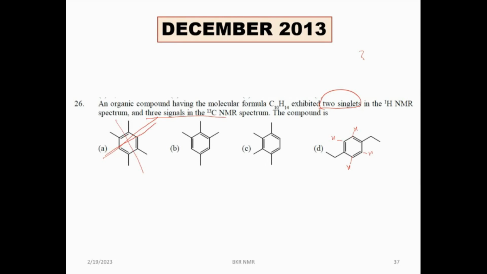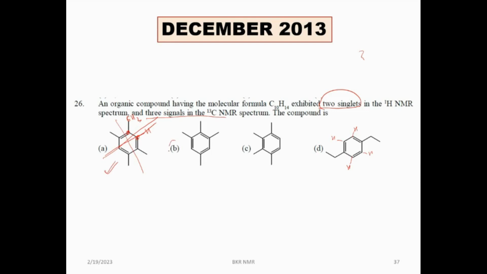You have a hydrogen here and a CH3, so 2 hydrogen signals. And for carbon, you have 1 carbon, 2 carbon, and 3rd carbon, so 3 carbon signals. Perfect. So this molecule is appropriate for your answer.